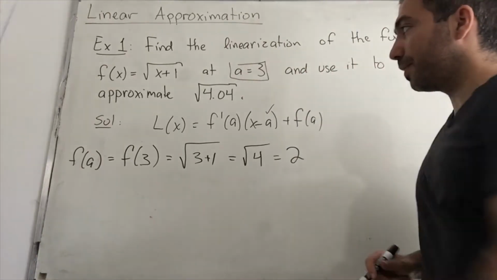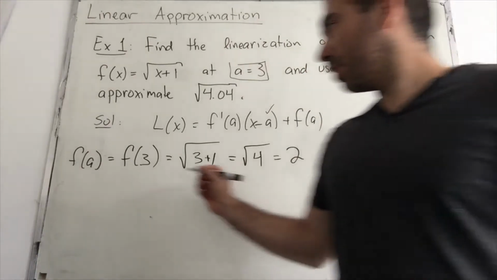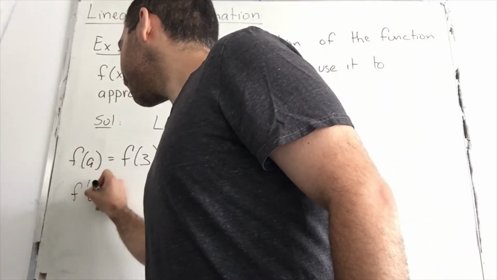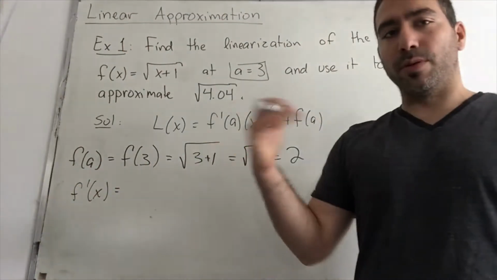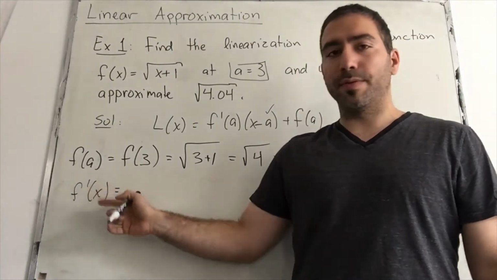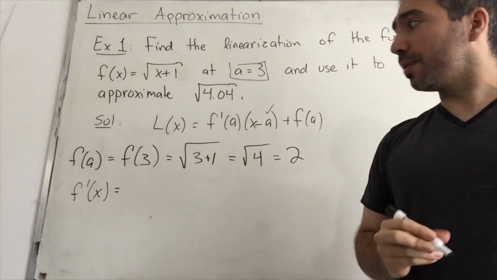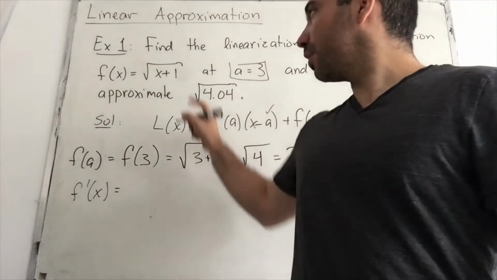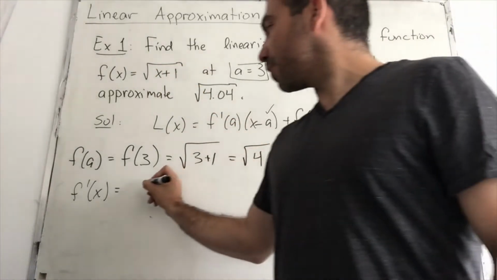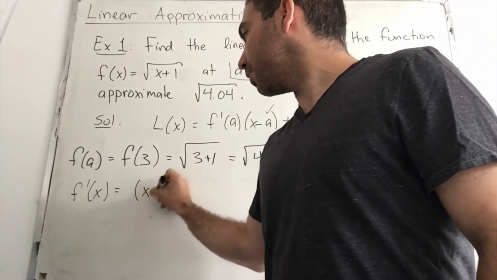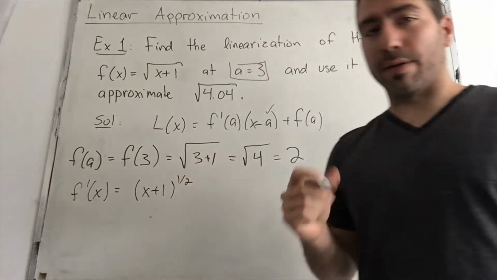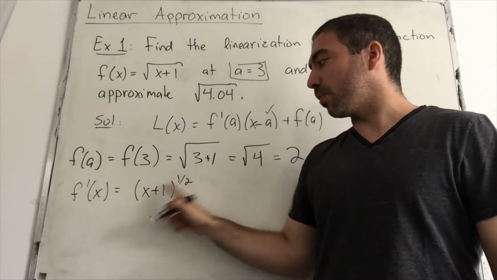Next, we could take the derivative, f prime of x, and then I'll substitute A afterwards. So I'm going to start off by taking the derivative, then plug in my value A. Taking the derivative of f, let's first rewrite it as x plus 1 to the 1/2. Whenever we have a square root, we switch it to the exponent 1/2.